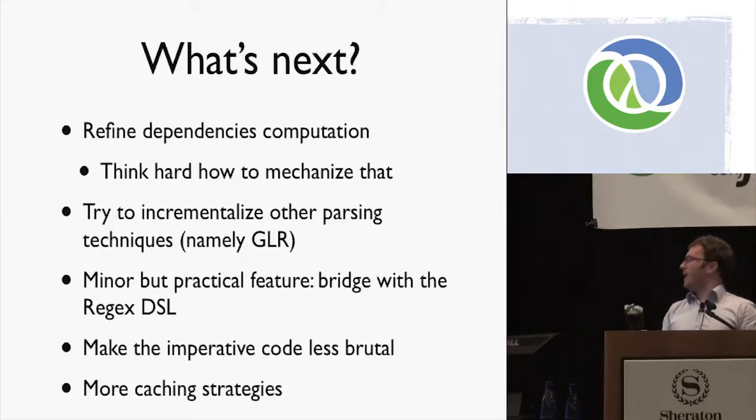And I'd like to take some time to think hard on how to mechanize that. I think that it may be possible to automatically derive such functions from the original functions.